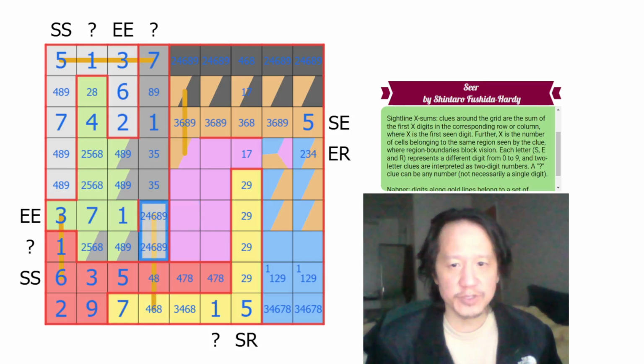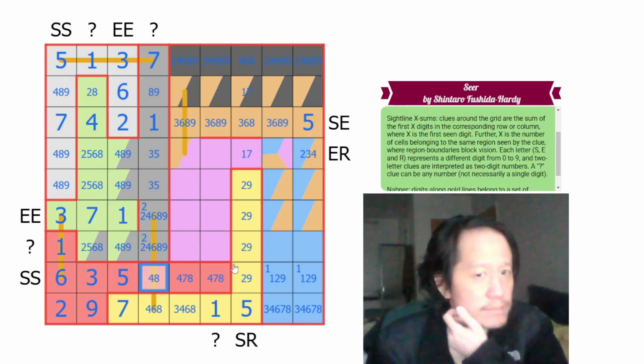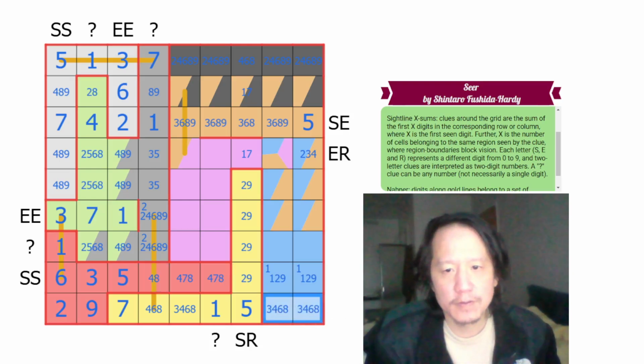This then has to be 2. That doesn't really tell us much. This can't be 7.